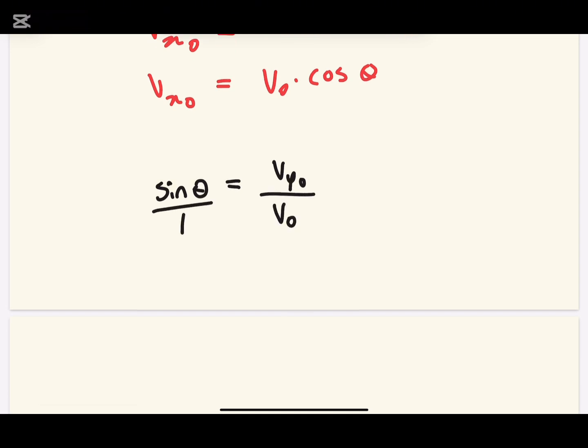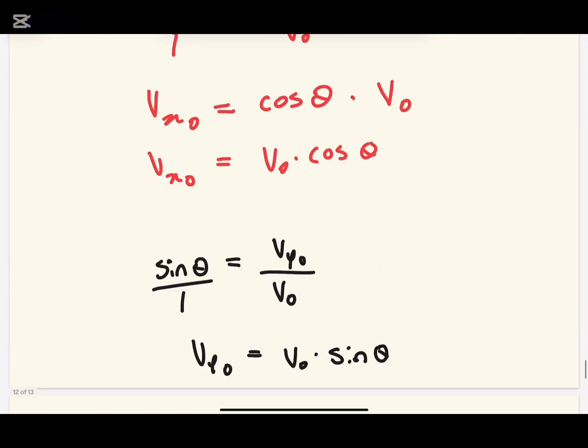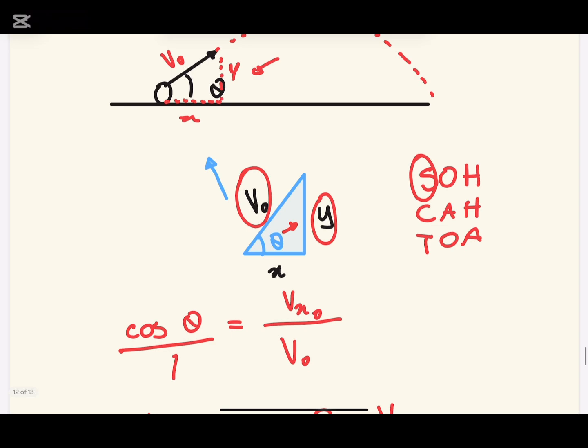We do the same cross multiplication, and the vertical component is equal to the velocity initial times sine theta. Now, commonly, sine is associated with the vertical component and cosine with the horizontal component, but please do not make your guesses off this. Please actually draw the triangle so you absolutely know, because sometimes they do associate sine with the horizontal and cosine with the vertical.